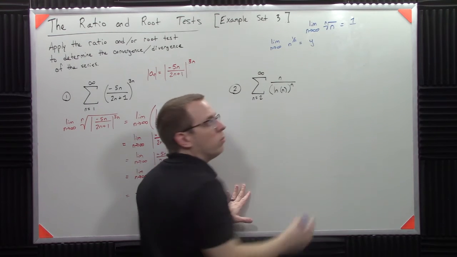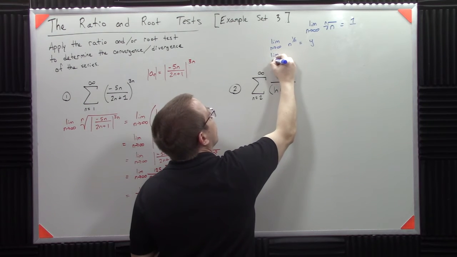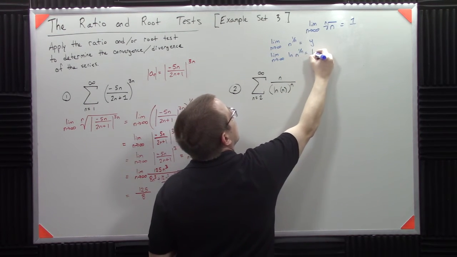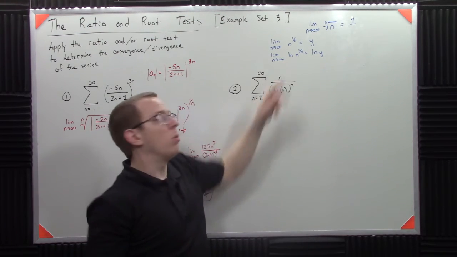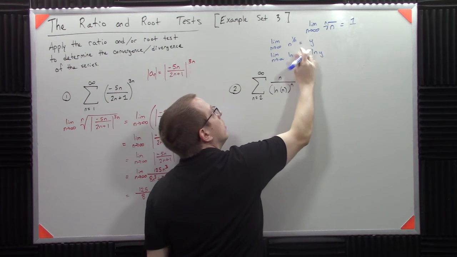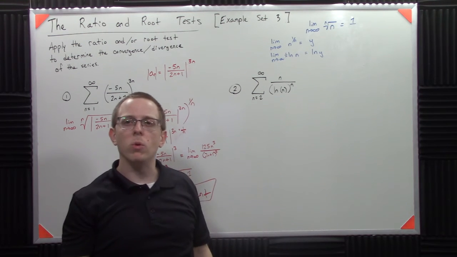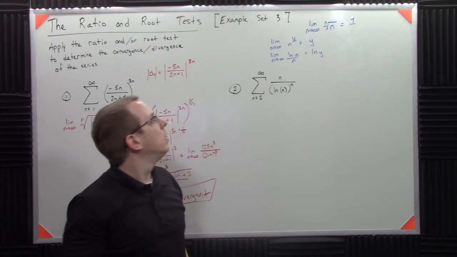equals y. We just sort of assume some sort of y. So we take the log of both sides. And then we can bring that power down, so that becomes 1 over n in the front. But we don't want a 1 over n in the front, so we actually do this.